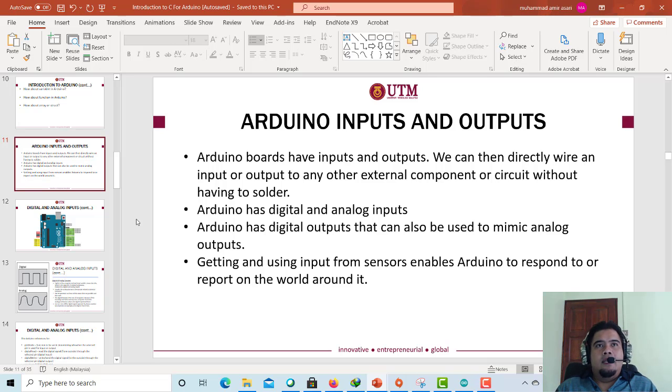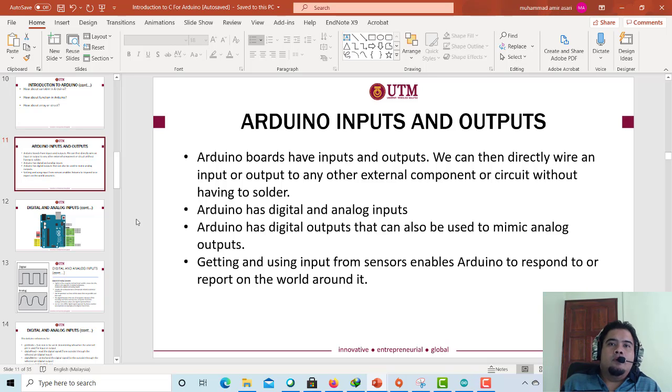And before that, I already mentioned the specialty of Arduino as compared to your computer. The Arduino board consists of many ports where you can connect your electronic modules such as sensors, motors, and so on. So you can create your own innovation.